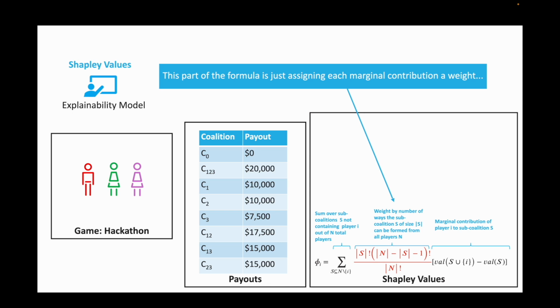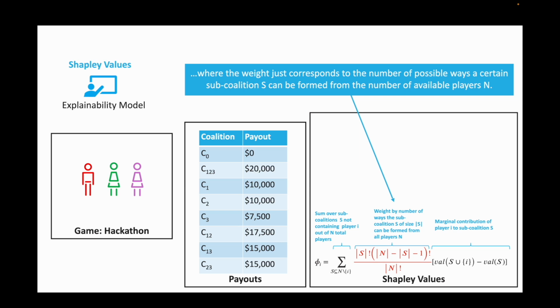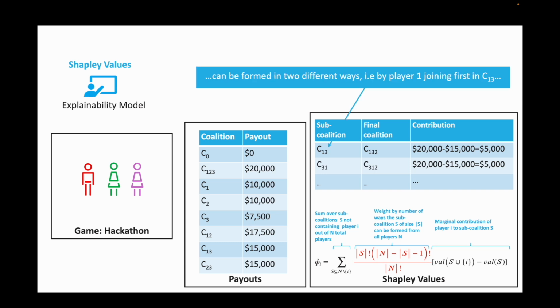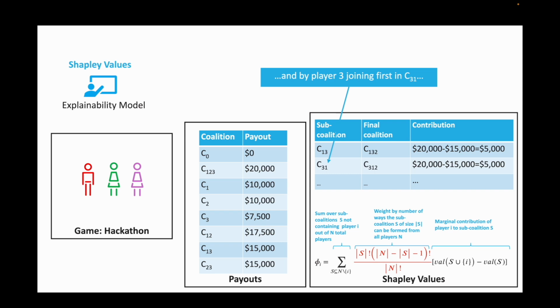This part of the formula is just assigning each marginal contribution a weight, where the weight just corresponds to the number of possible ways a certain subcoalition S can be formed from the number of available players N. In our example, a subcoalition consisting of players 1 and 3 and therefore of cardinality S of 2 can be formed in two different ways, that is, by player 1 joining first in C sub 1, 3 and by player 3 joining first in C sub 3, 1.